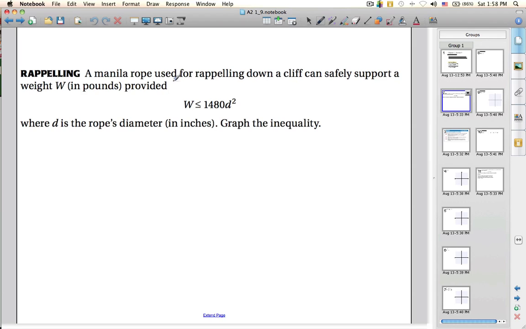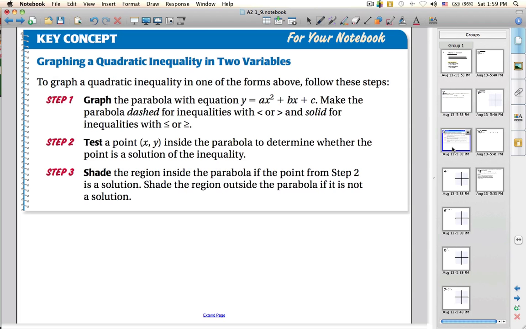In this case, they're showing me that a manila rope used for rappelling down a cliff can safely support a weight W in pounds, provided that the weight is less than or equal to 1480 times the diameter of the rope squared. D is the rope's diameter in inches, and then we want to graph the inequality. At the end of this lesson, we'll solve this problem by graphing.